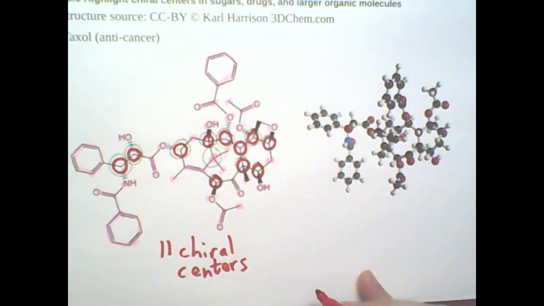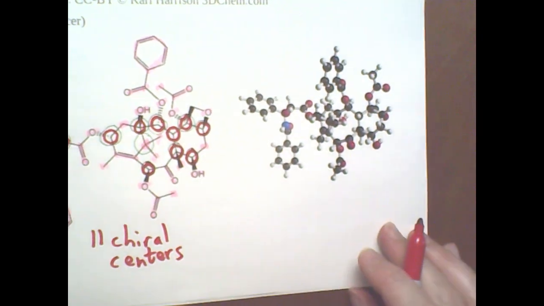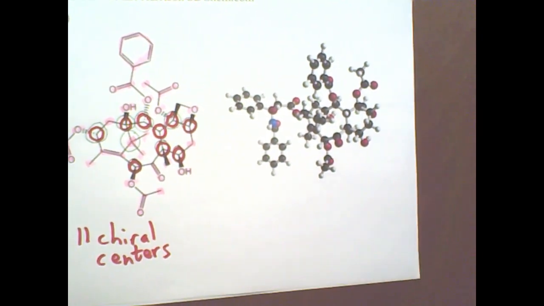Now I'm going to take a moment and just go through identifying functional groups. If you're good with functional groups, you've seen everything on chiral centers that I'm going to record in this video. But I'm going to look for functional groups in both these structures.